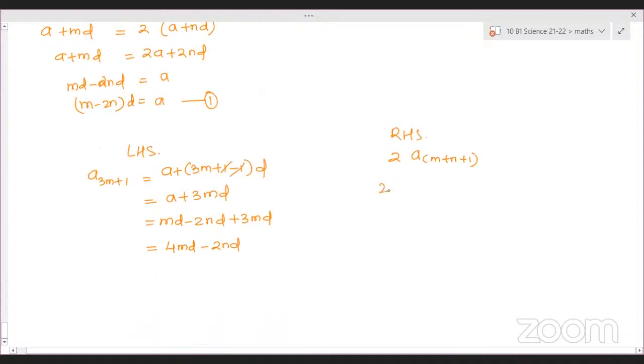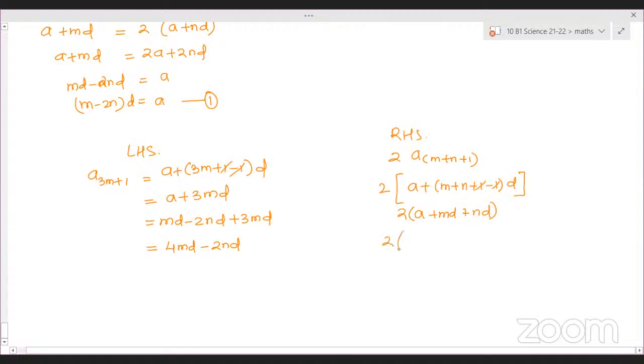Let's write 2 in bracket A plus m plus n plus 1 minus 1 into D. Plus 1 minus 1 cancels. A plus mD plus nD, into 2 outside.